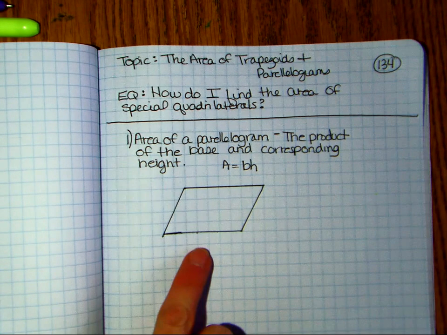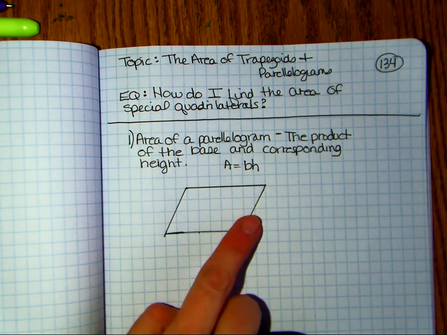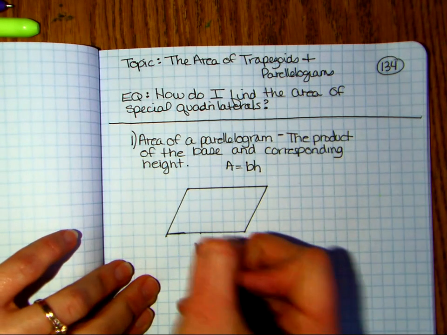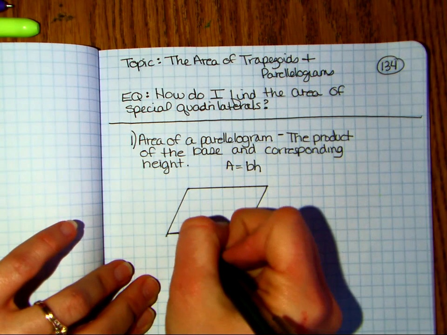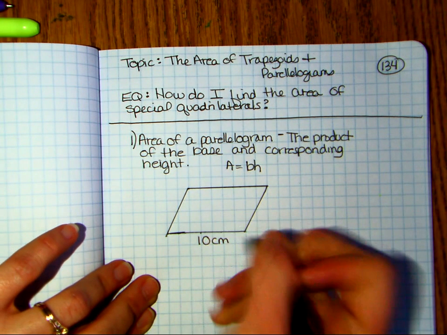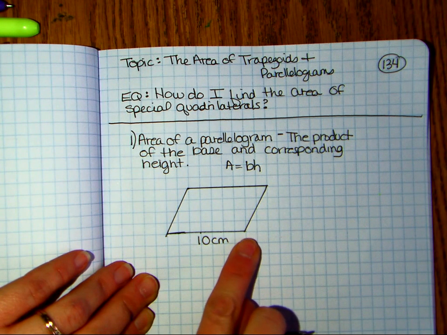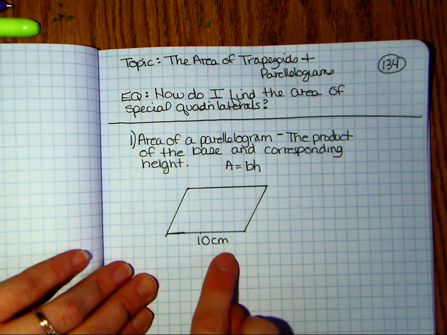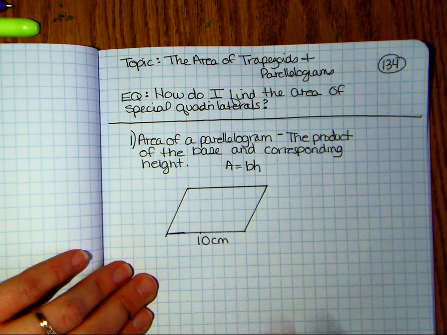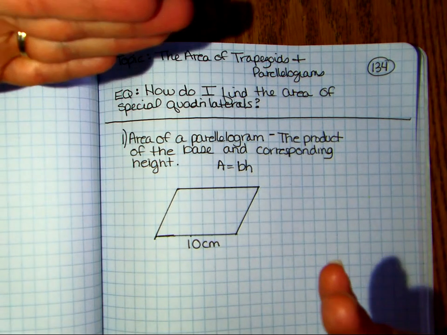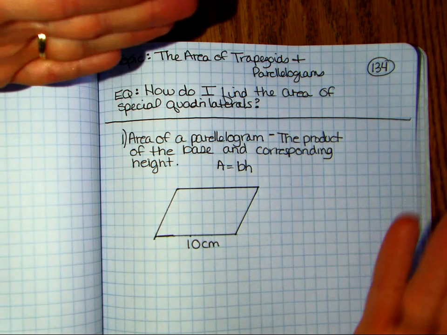You'll notice this side is congruent to this side. Now, the base in this case, we're going to say that it is 10 centimeters. So the distance from this vertex to this vertex is going to be 10 centimeters. And now I'm going to create a height. It's difficult when we have a parallelogram because we don't have a straight side length.